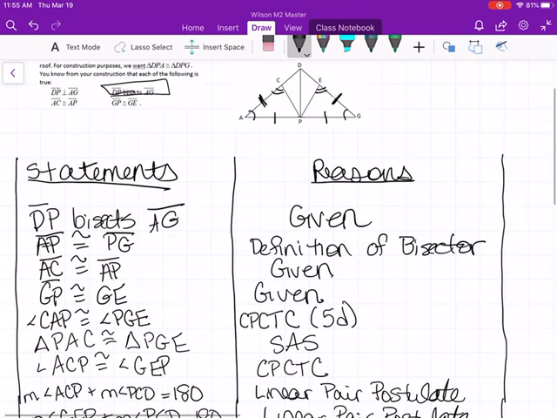So thinking back to our figure, what I've just said is these two angles, because they make a linear pair, add up to 180, and these two angles, because they make a linear pair, add up to 180.